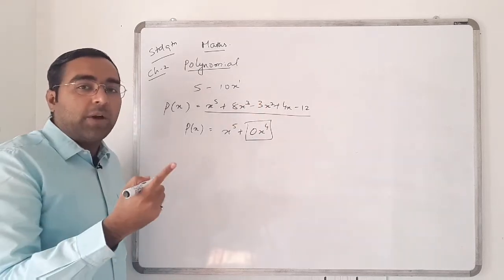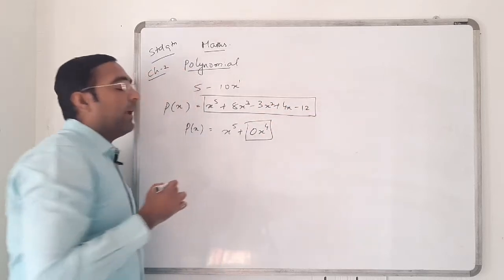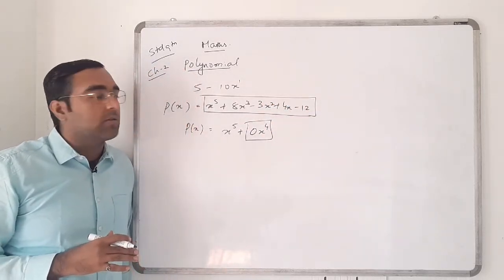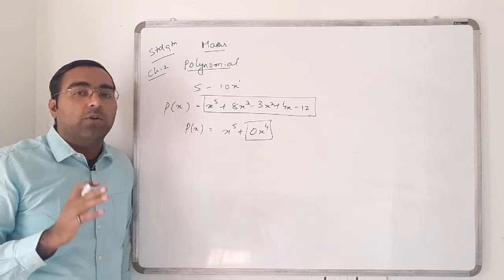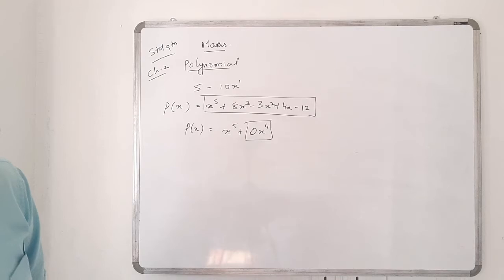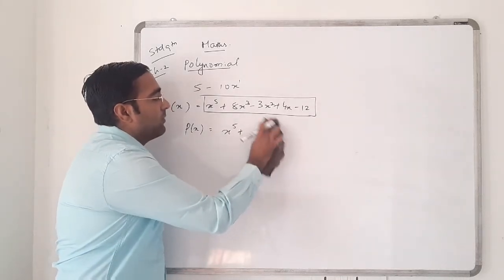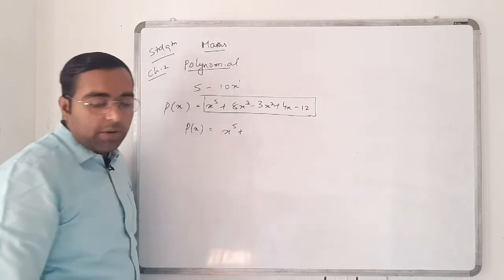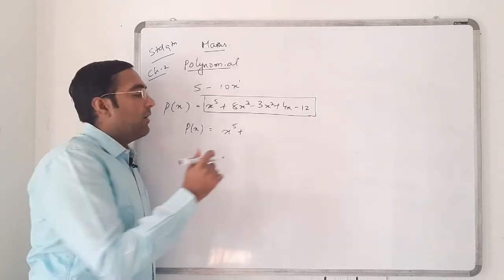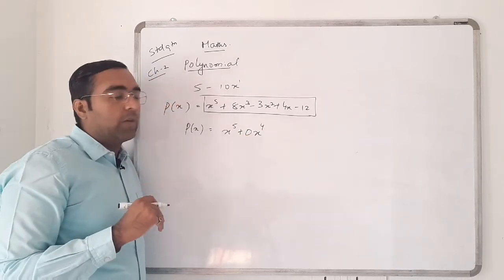So you should add that kind of term which has x raised to 4 power, as long as your question is not changed. Must remember: don't change the question, we just add the term with power x raised to 4.